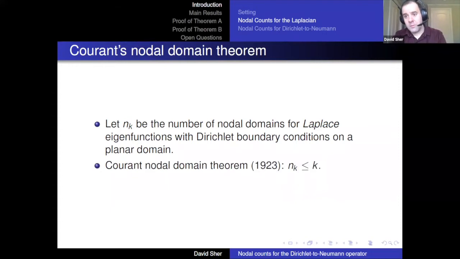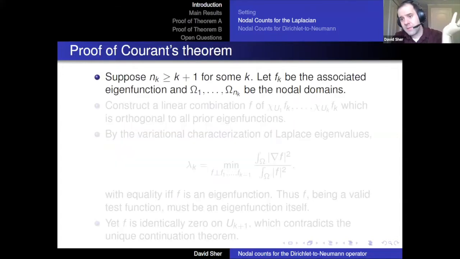And the Courant nodal domain theorem, this is 1923, says that the number of nodal domains is at most the index of the eigenfunction. So n_k is less than or equal to k. There are versions of this that hold for Neumann boundary conditions, for Robin boundary conditions. All of them have basically the same idea for a proof. I do want to talk about the proof because it's again going to come back.